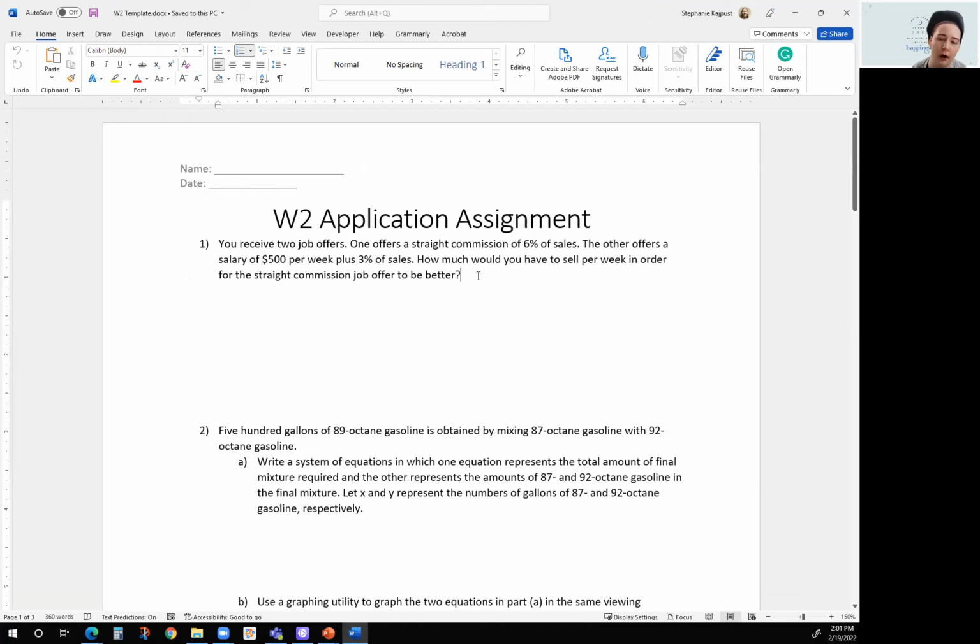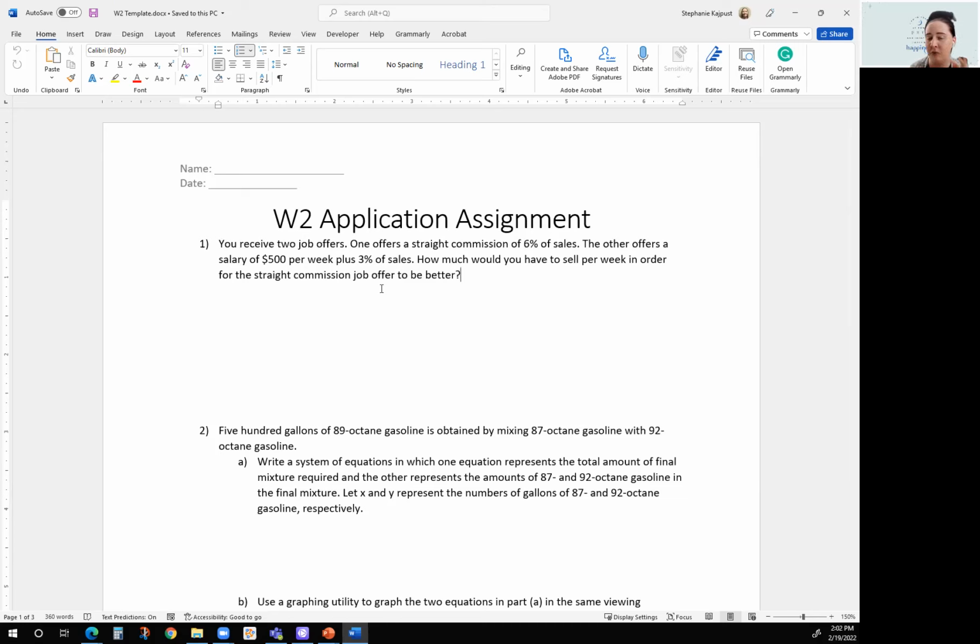Even if they're X and Y, label them as X and Y, because one person might say X is the amount of sales, and another person says Y is the amount of sales. So in your work, you have to specify what your variables are representing if you're not given variables.